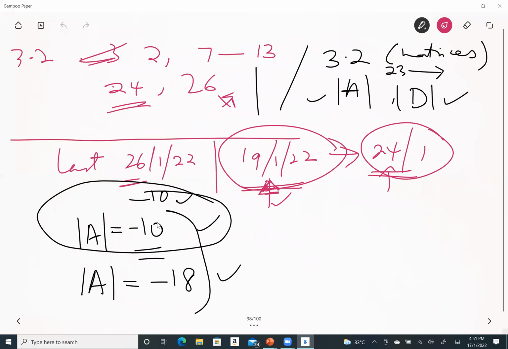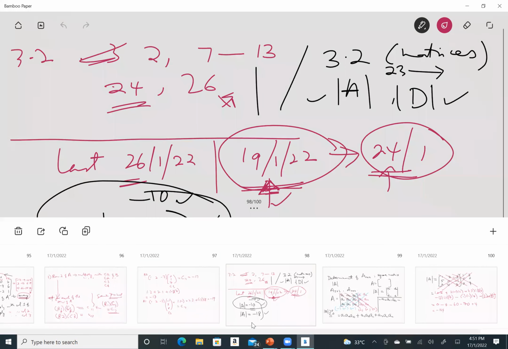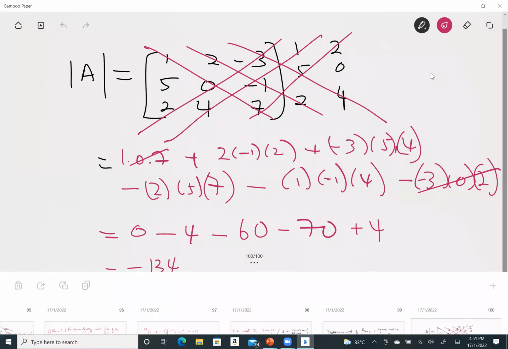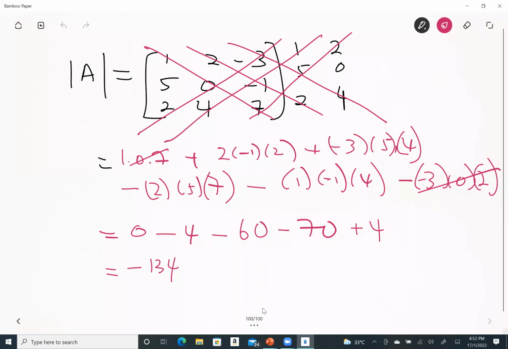Other people got negative 10. Oh, sudah. Is my matrix correct? Yang saya multiply, no, I forgot the minus. So it will be negative 130. I got 134, 130. Betul lah. Negative 4, plus 4, 0 lah. Okay, so it should be 130.